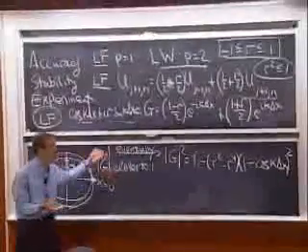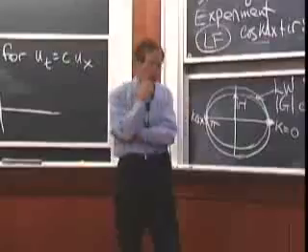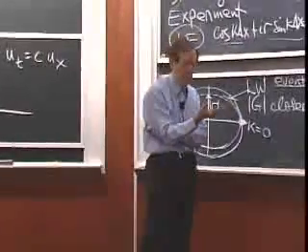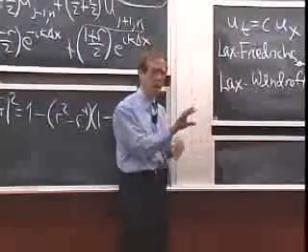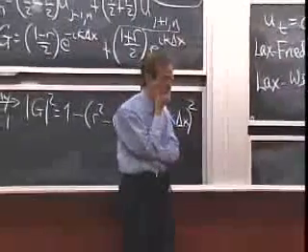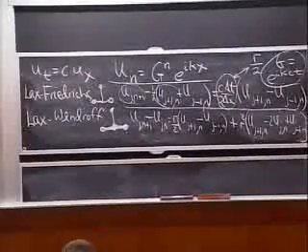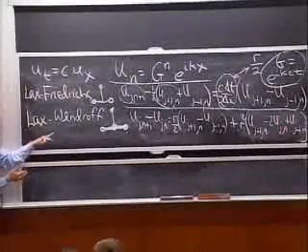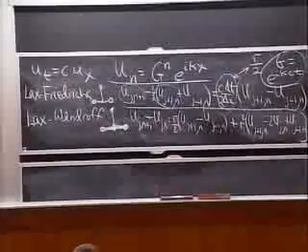And again, we could have a left-going wave and a right-going wave. Now you'll say, what's the good of that? Here we just have one wave. But on Friday, we'll have a wave going both ways. So Lax-Friedrichs and Lax-Wendroff can both deal with that. In fact, their stability conditions are the same.